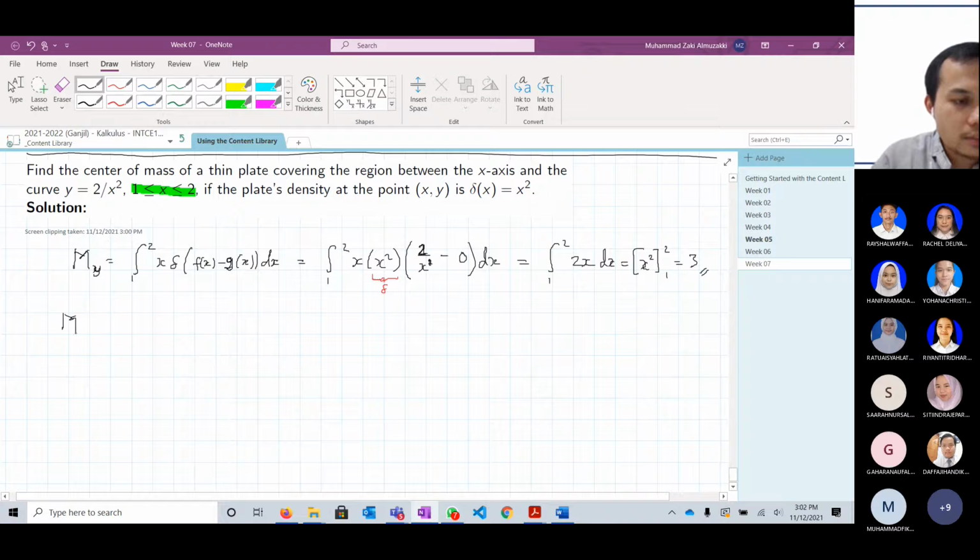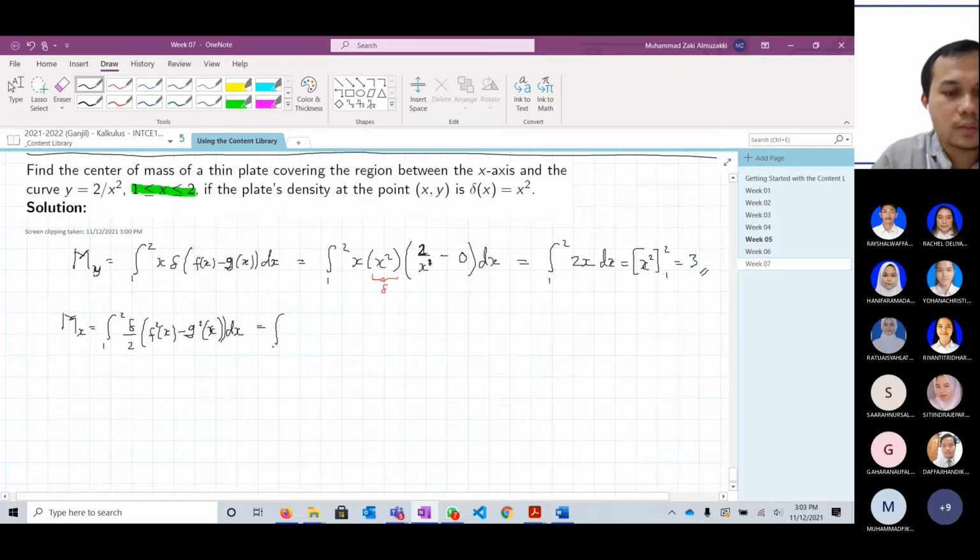And then the moment about the x-axis, Mx, is the integral from 1 to 2 of delta over 2 times f squared minus g squared dx.